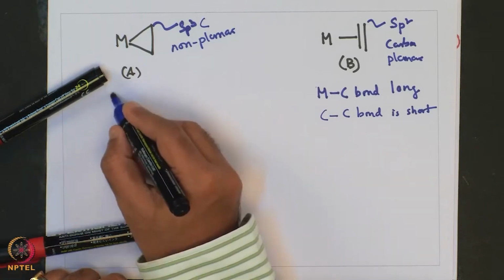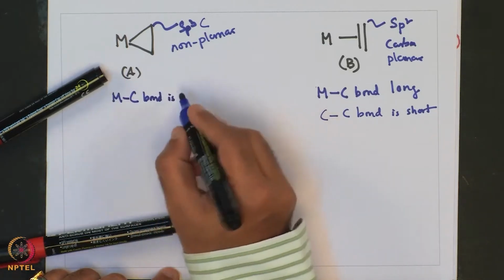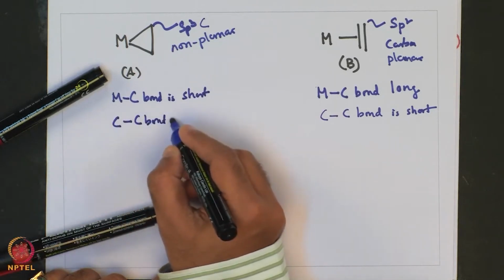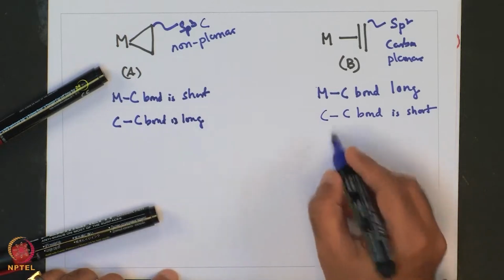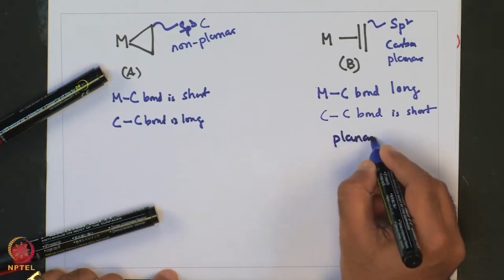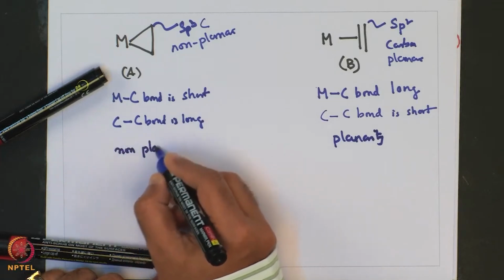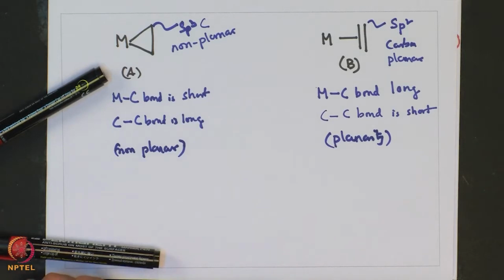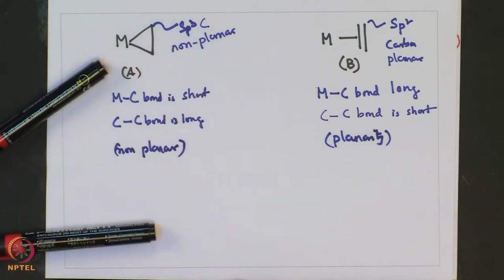In structure A, the MC bond is short and the CC bond is long, and in structure B, the planarity of the olefin is maintained. In structure A, it is non-planar. Okay. So, now any deviation from planarity to non-planarity is affected by the metal to ligand pi back donation, which results in formation of the non-planar structure.